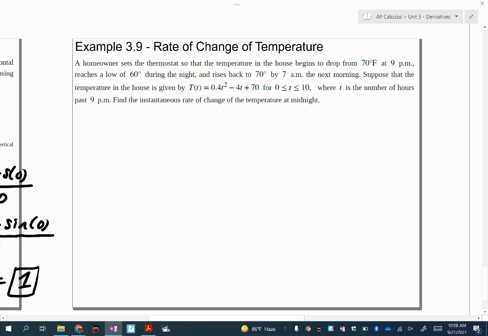So find the instantaneous rate of change of the temperature at midnight. If t is the number of hours past 9 p.m., midnight would be t equals 3.